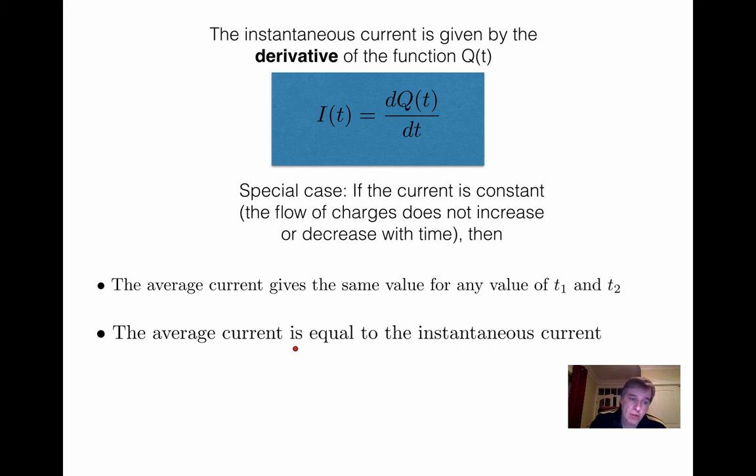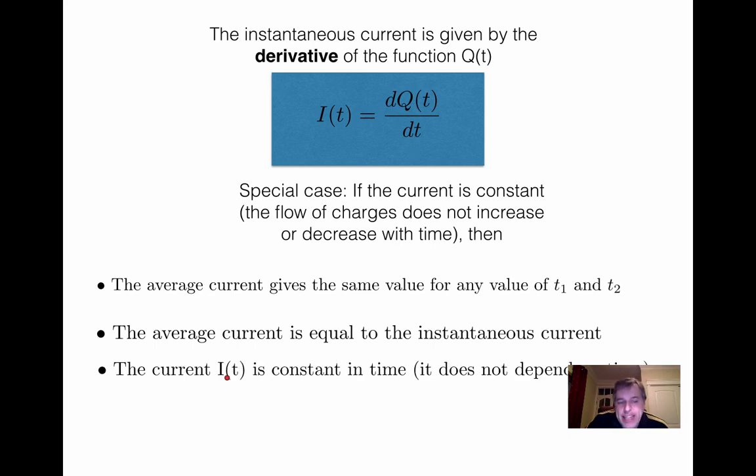And the other statement is also pretty obvious. If the current is constant, then this I of t in that equation, when you calculate dq/dt, gives just a number that does not depend on time. So there will be no time here.